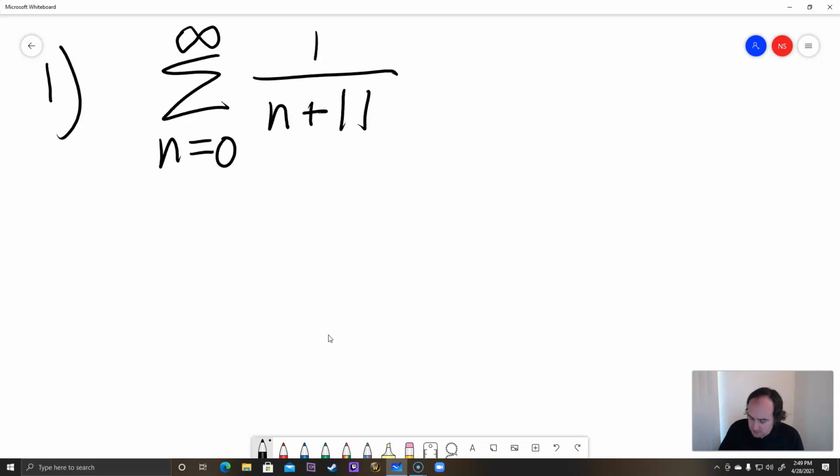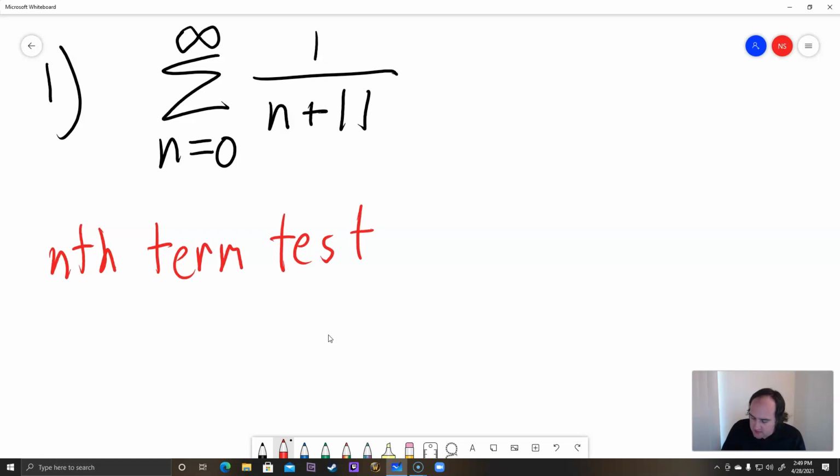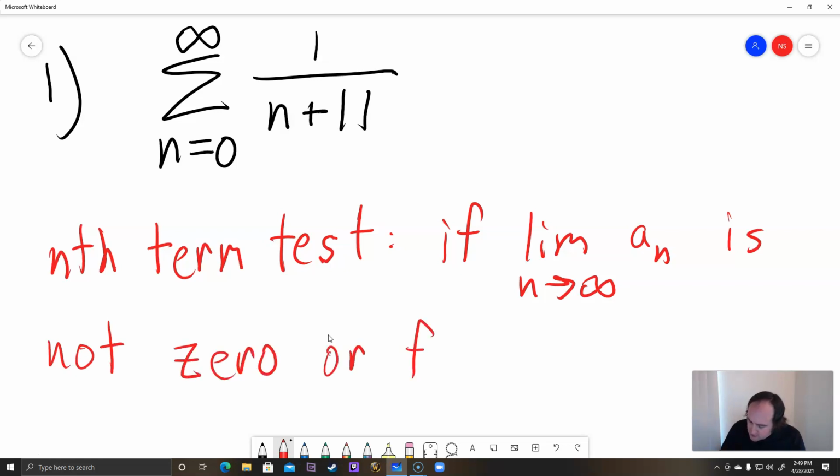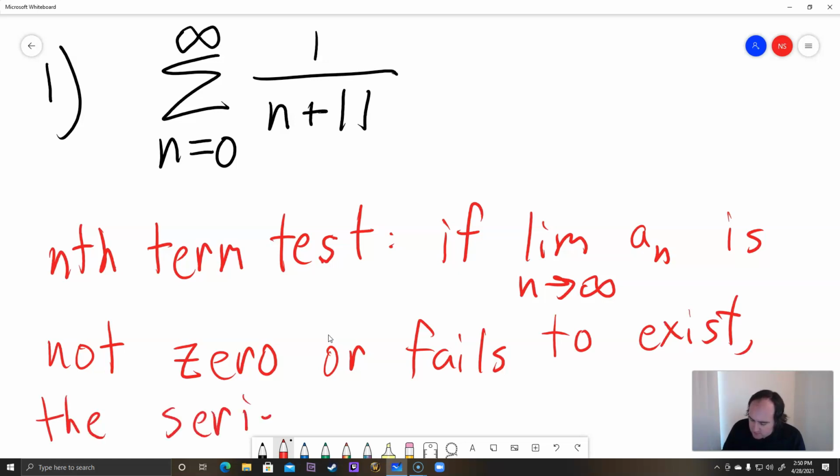So the nth term test basically says: if the limit as n goes to infinity of a sub n is not 0 or fails to exist, the series, the sum from n equals 0 to infinity of a sub n, diverges.